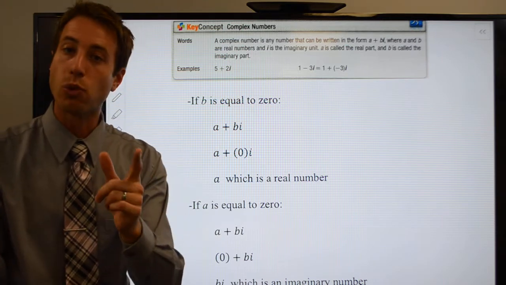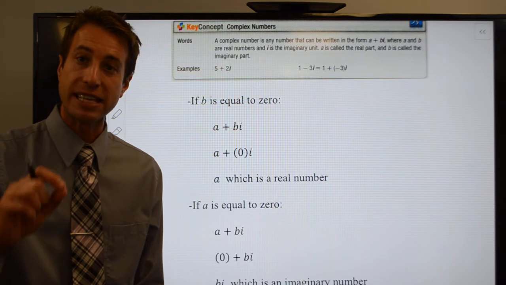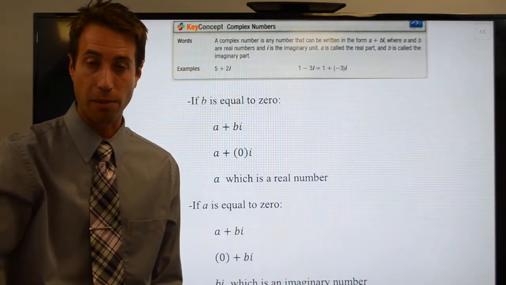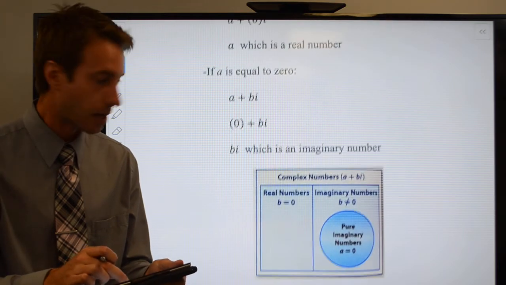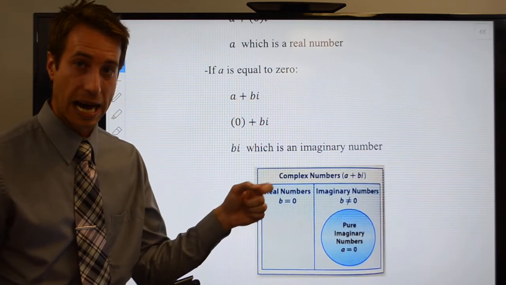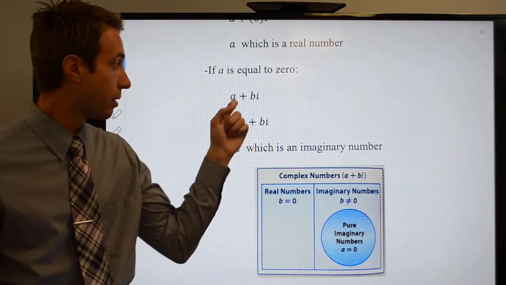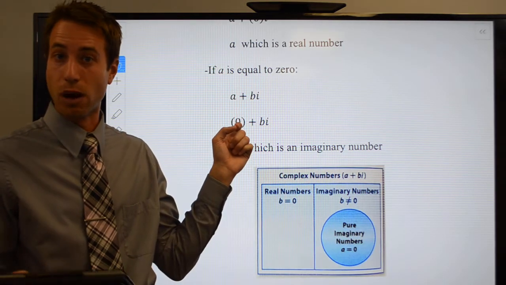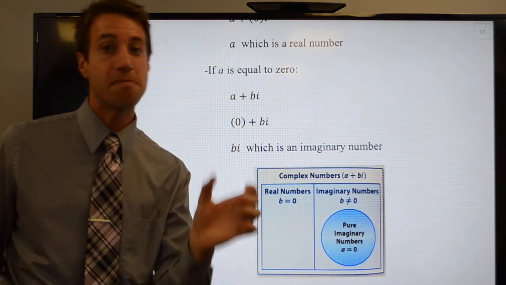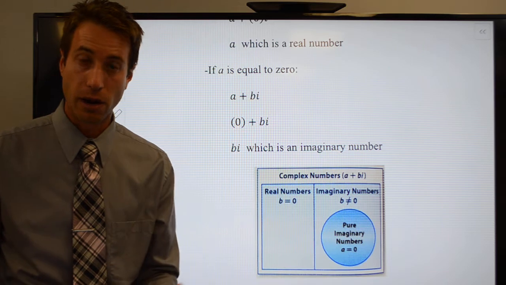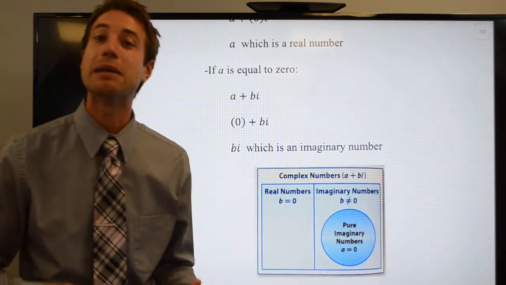Now, vice versa, what's going to happen here in a complex number is if the real part of the complex number is 0, so for example, again, I've got my complex number, a plus bi, but now if I make the real part of that complex number, a, 0, it drops out, right?